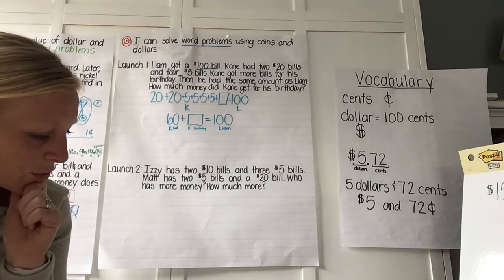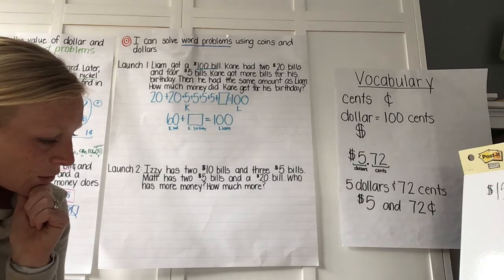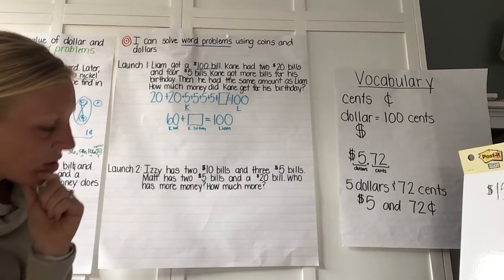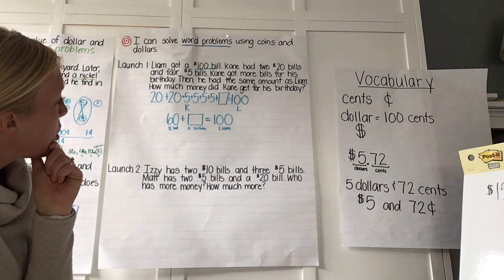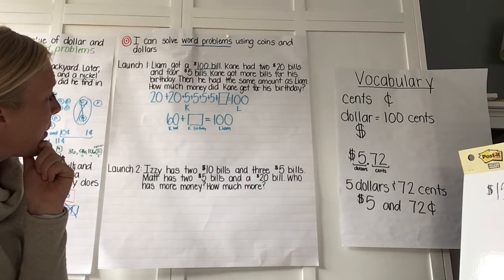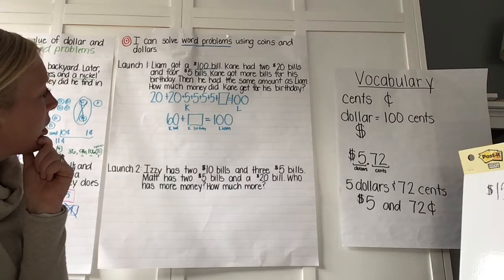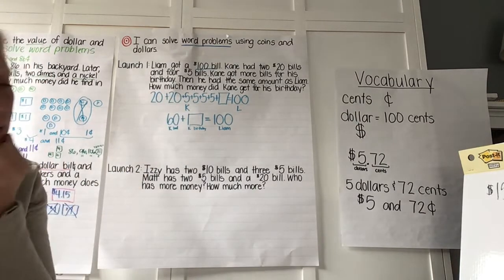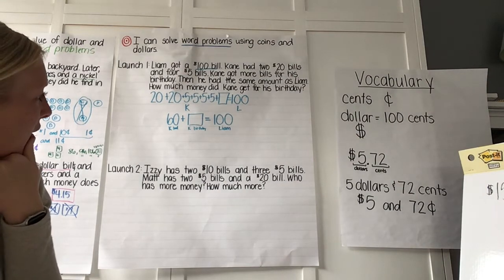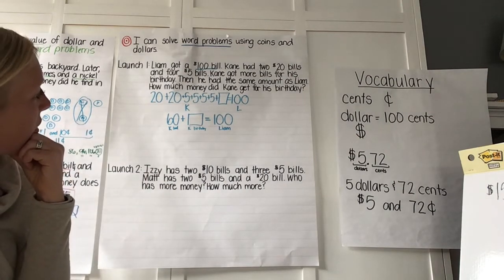What did you do first? And why did you start with 40? Where did that come from? Okay, so you start with 40 because we had 20 and 20, which is 40. And then what did you do? Added 20 more. Where did you get that 20 more?